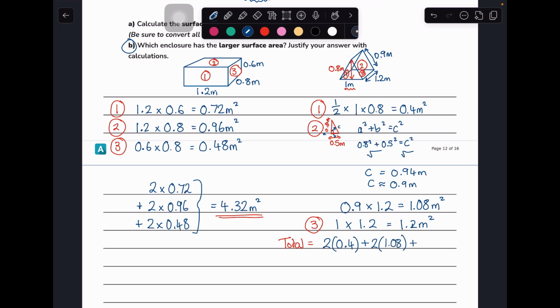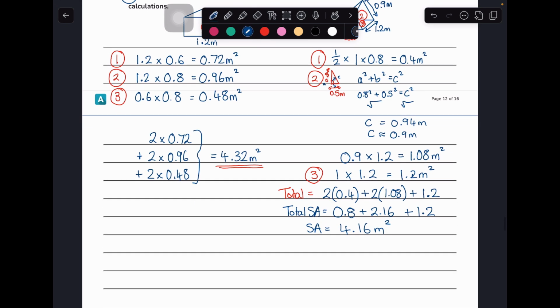And I just need one base, which was 1.2. So I'm going to add all those together. My total surface area would be equal to 0.8 plus 2.16 plus 1.2, which means my surface area is equal to 4.16 meters squared.